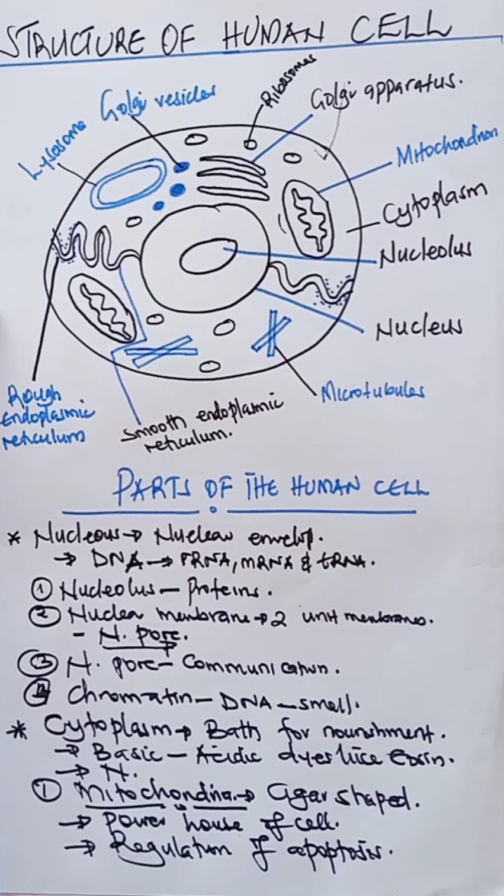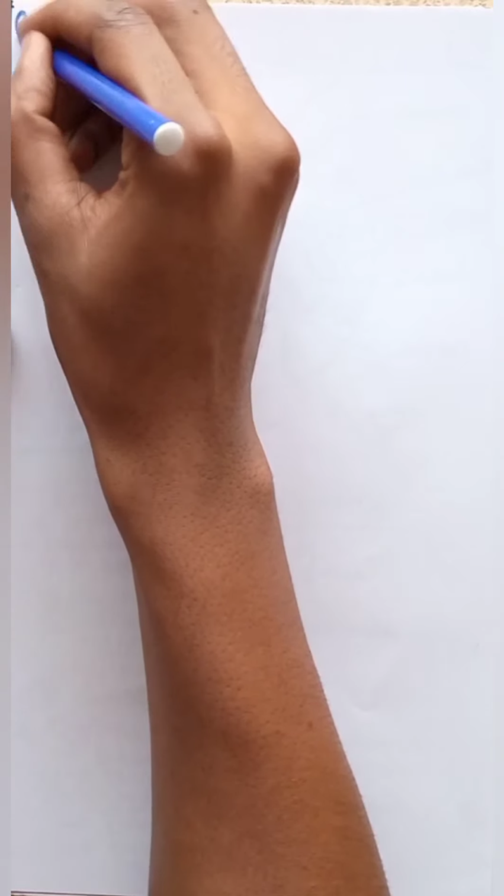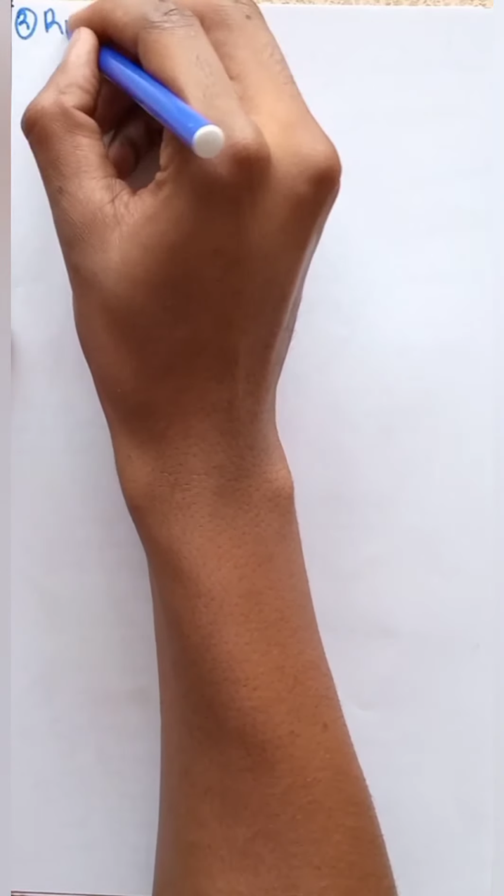Apoptosis is programmed cell death, whereby once the cells have reached their lifespan, they must be removed from the body, and that process of removal of old cells or damaged cells is known as apoptosis. So the second organelle within the cytoplasm are the ribosomes.